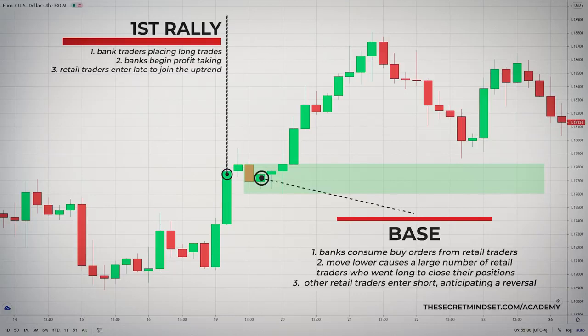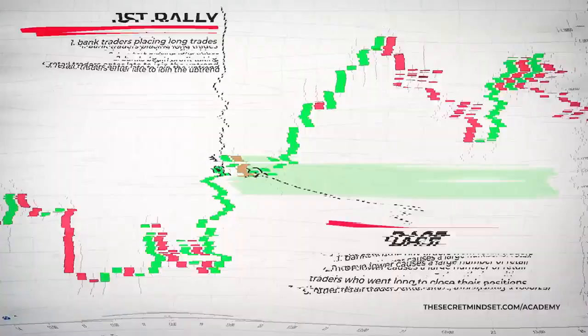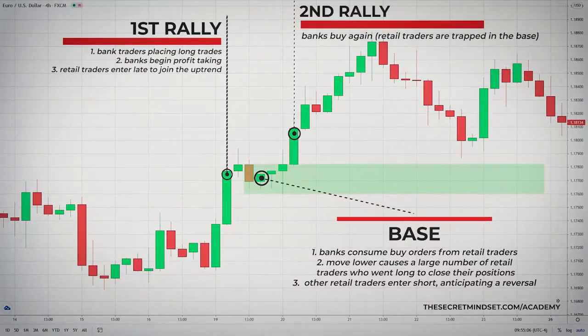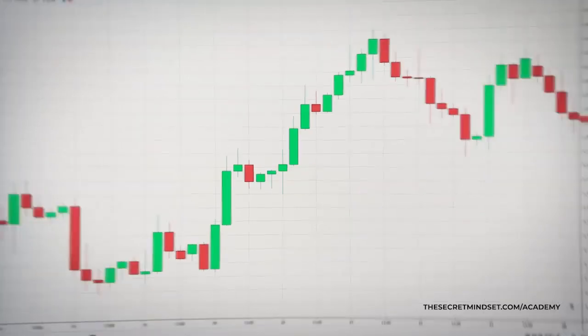In addition to this, there will be a small number of retail traders thinking the move down is a trend reversal, meaning they'll place sell trades with the expectation that the market is going to move lower. With these 2 sets of retail traders putting sell orders into the market, the banks now begin buying again, knowing they'll make the market move higher, and in the process, cause anybody who sold the move to close their trades at a loss, which ends up being the bank traders' profit.